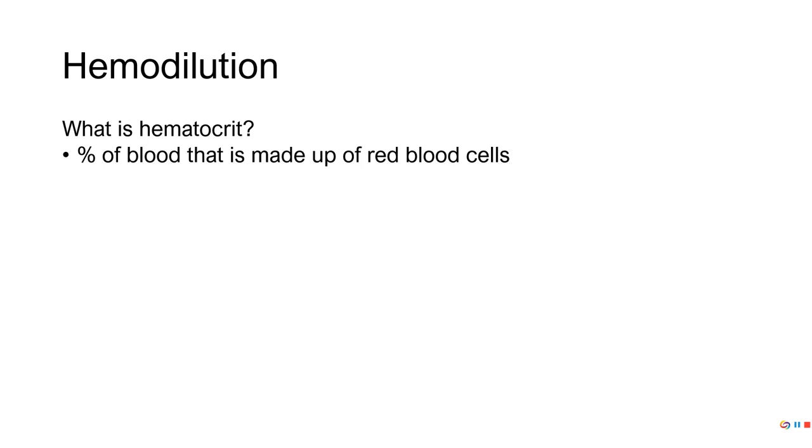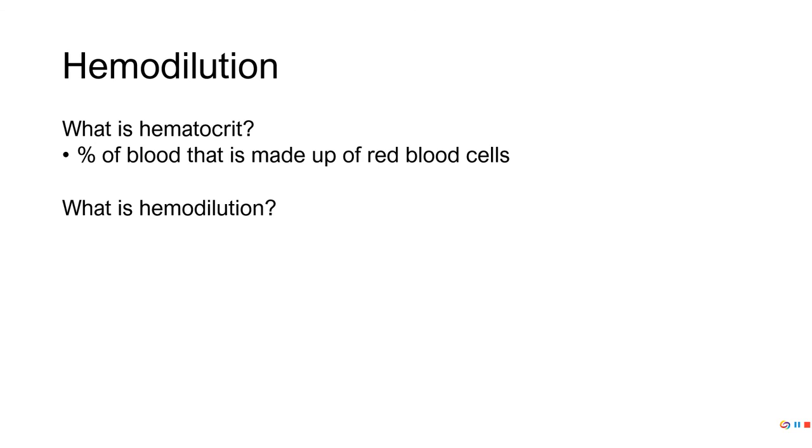The plasma and the red blood cells separate. They measure it, and then they divide. If the tube is 3 inches long with plasma, and 1.5 inches of that is red blood cells, they say your hematocrit is 50%. So it's the percentage of the volume of blood that is made up of red blood cells.